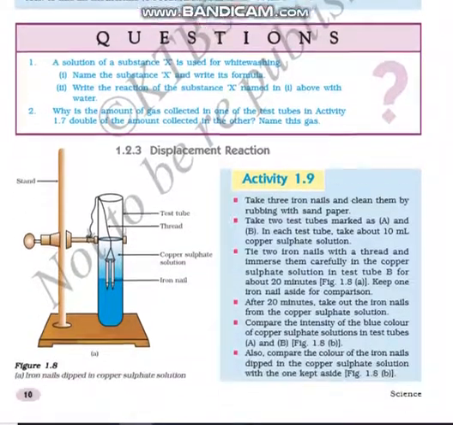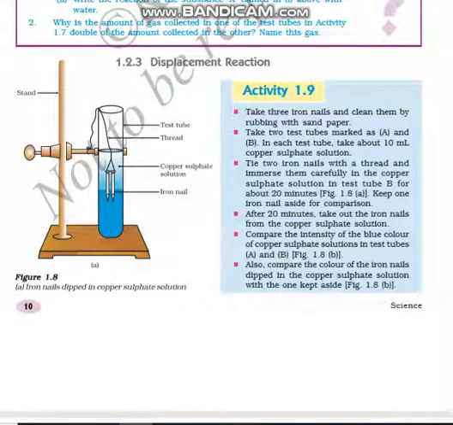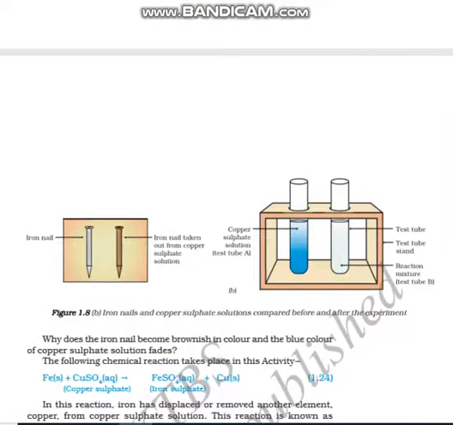Now let us take examples according to our textbook. For example, if I take a beaker in which I will take copper sulfate solution, I will dip two iron nails in that, and I will observe the chemical reaction. What I observed is the iron nail got converted to brown.